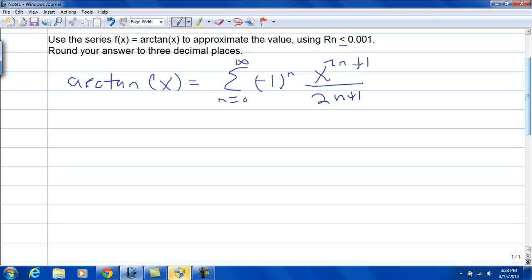So in this case we're doing arctan of 1/3. Forgot to type that. Which means x equals 1/3.